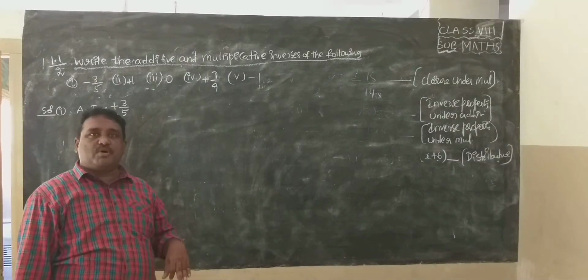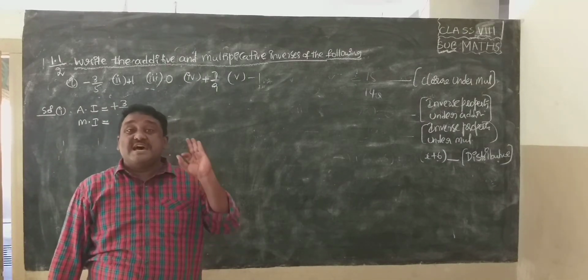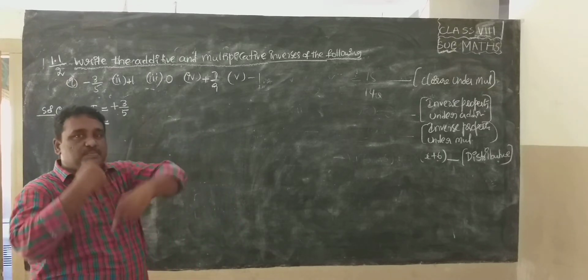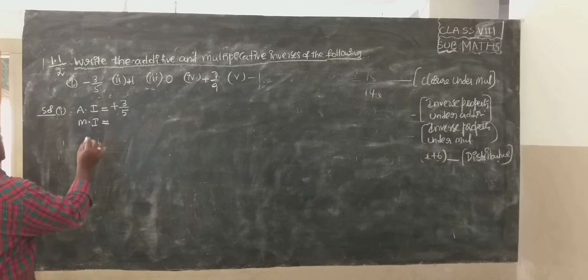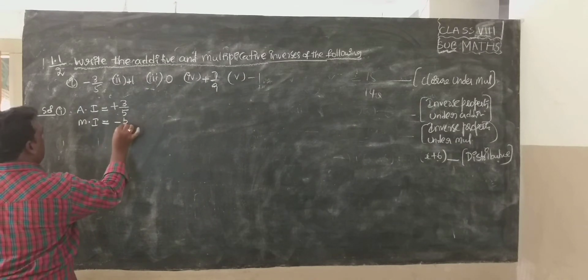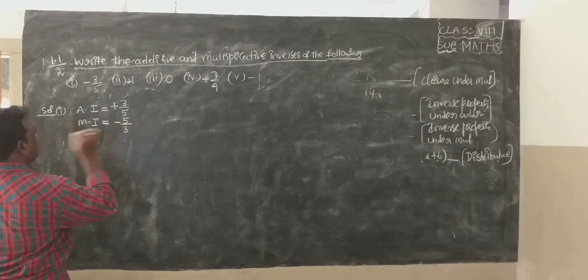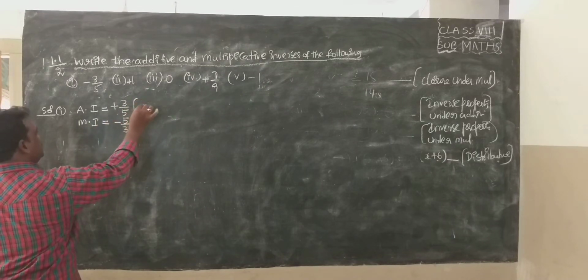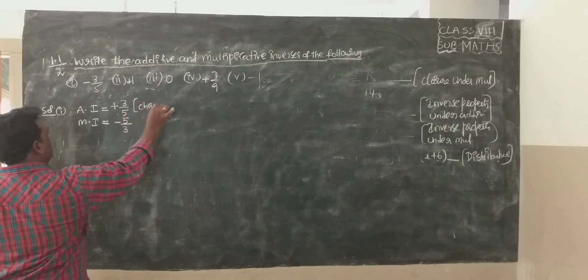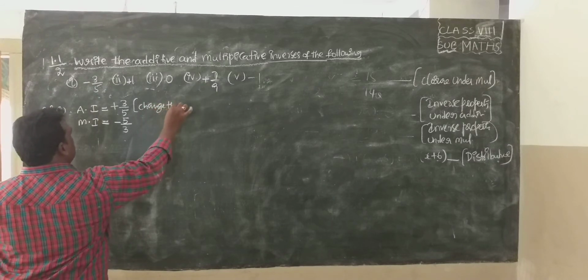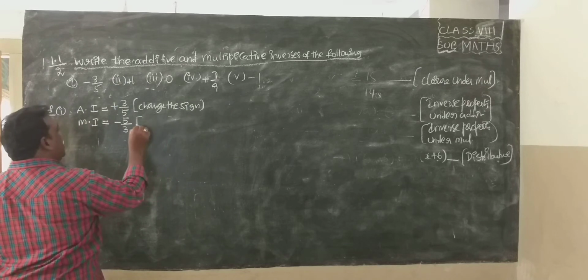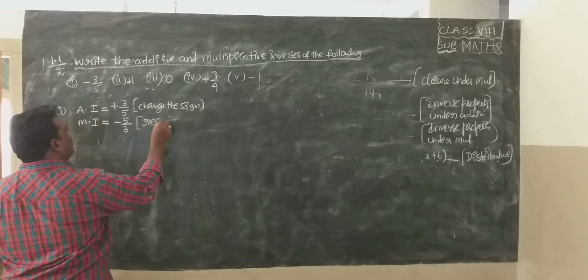What I told about multiplicative inverse? Reciprocal, reverse it. So we get minus 5 by 3. So additive inverse means change the sign, and multiplicative inverse means reciprocal.